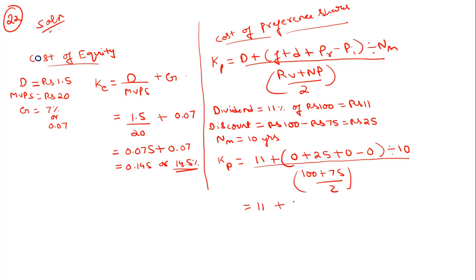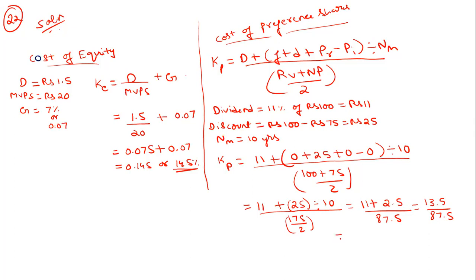Now 11 plus, I'll simplify this, 25 divided by 10 is 2.5. 175 by 2 is 87.5. 11 plus 2.5 is 13.5. So 13.5 divided by 87.5.